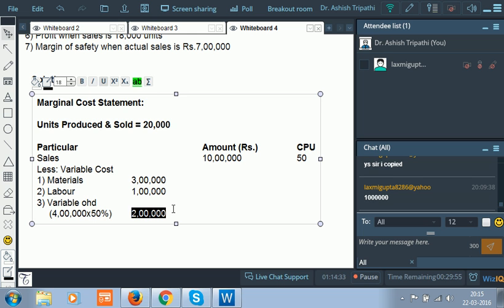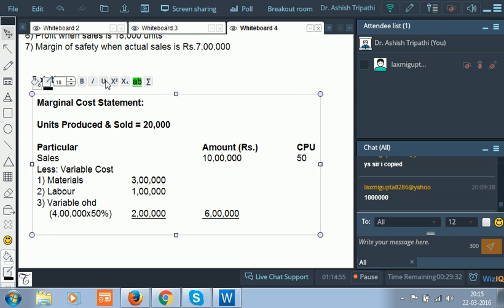So now we'll have to take the total. So let us take the total of this. Three, 4, 5, 6. 6 lakhs is our total variable cost.